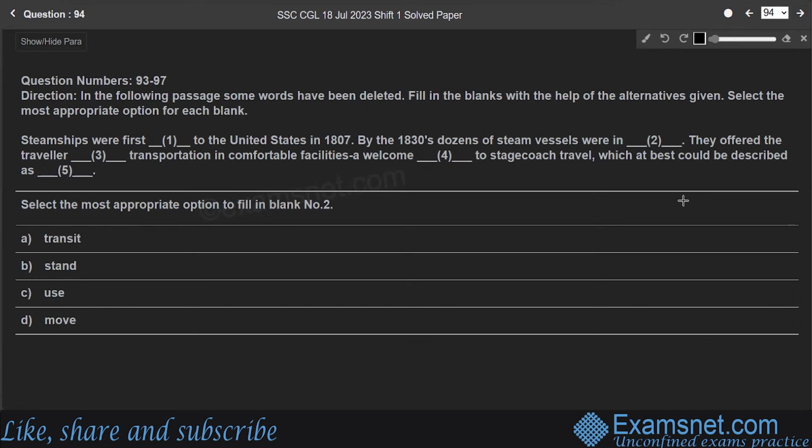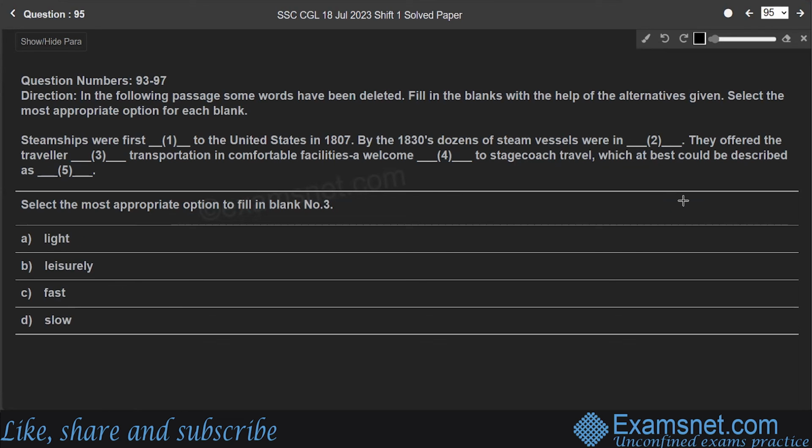Moving further, question 94. By the 1830s, dozens of steam vessels were in dash. So dozens of steam vessels were in use, right? Option C is the right answer. By the time of 1830, dozens of steam vessels were in use. Option C. Moving further, question 95.